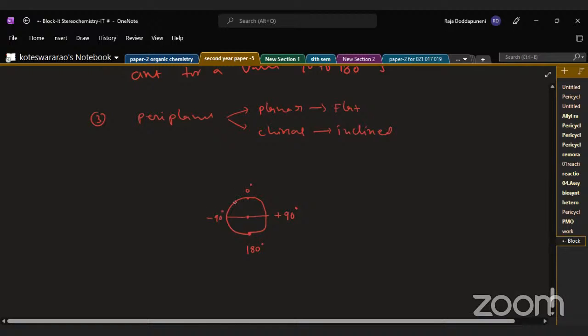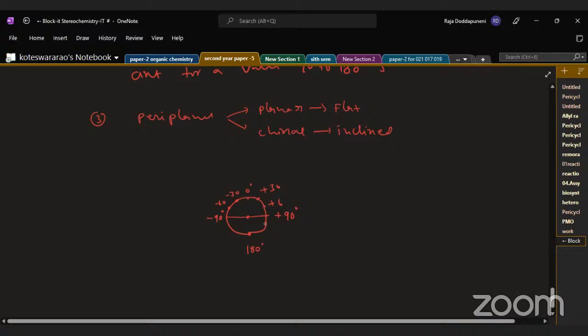Now, between 0 and 90 there are two divisions: one is 30 degrees and another is 60 degrees. This is minus 30 and this is minus 60. Similarly, it is plus 30 and plus 60. Now there are two divisions between 90 and 180.